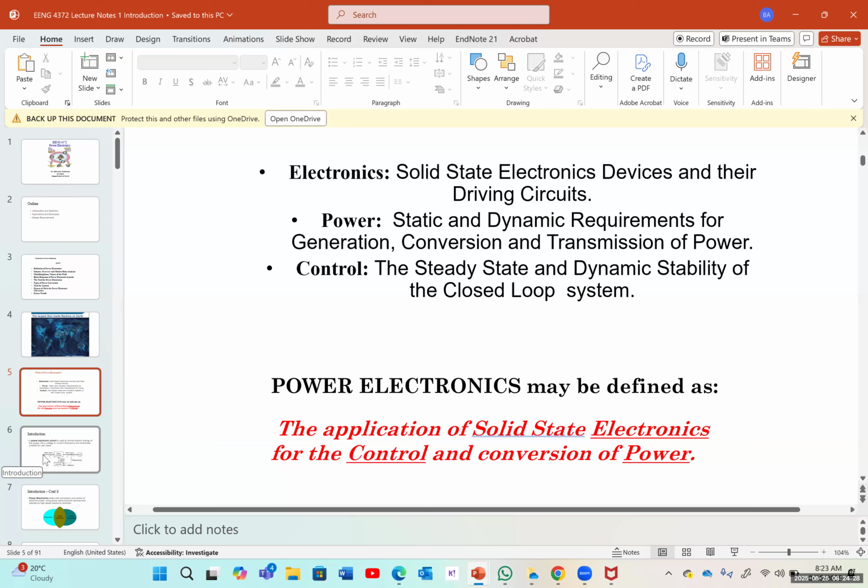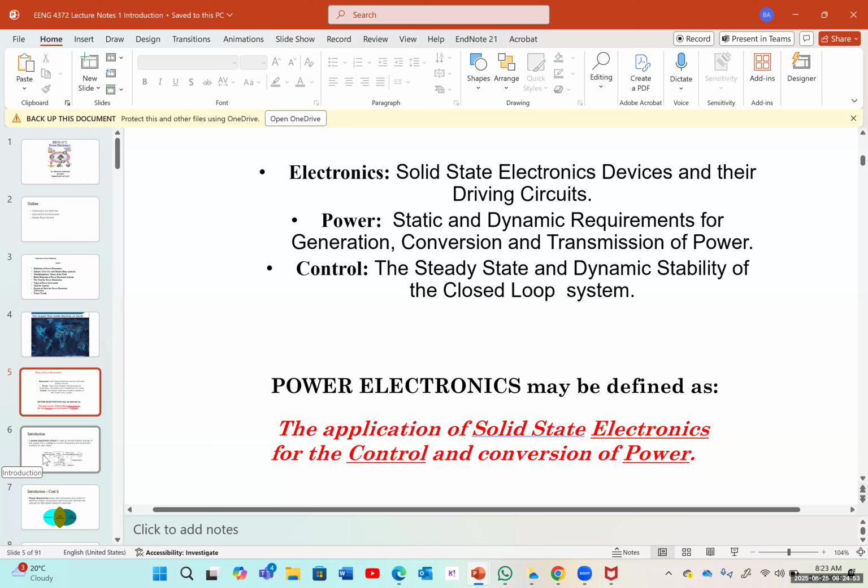So technically what it means, it's electronics at a high voltage. We already learned electronics and electronic devices and circuits. We learned about semiconductors, diodes, transistors, etc. But those, especially in the lab, those circuits are for low voltage.